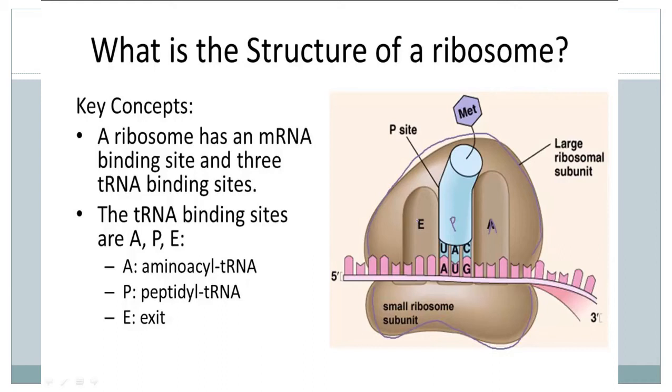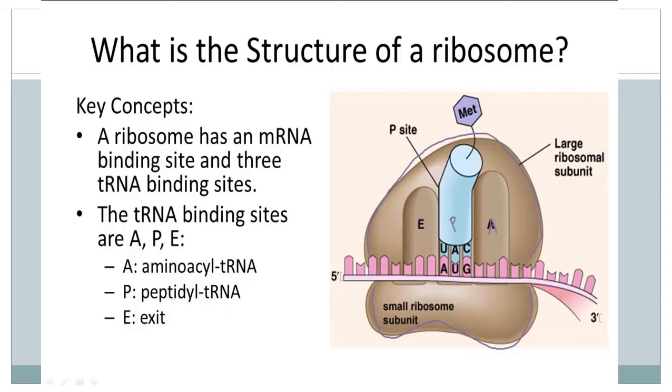The ribosome has an mRNA binding site and three tRNA binding sites, A, P and E. A is the aminoacyl tRNA, P is the peptidyl tRNA and E is the exit.